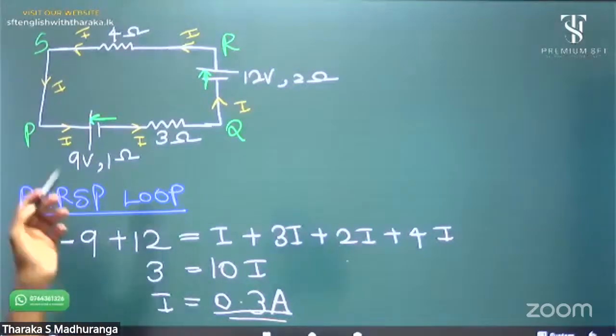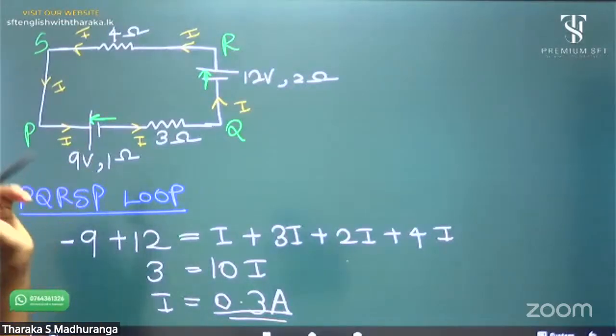Okay. If you want, you can change the loop direction, Joel. As you asked earlier, now I got PQRSP. If you want, you can take PSRQP. Same answer will come.